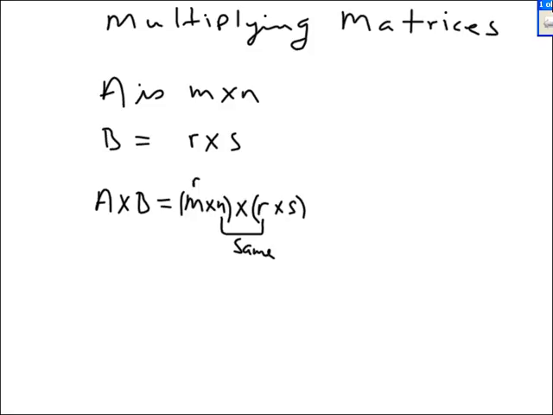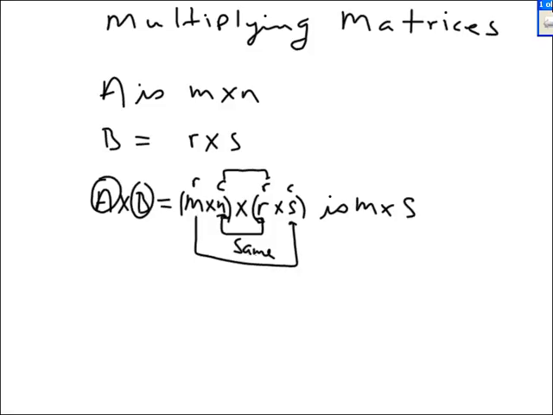Remember, rows, columns, rows, columns. The columns in the first matrix must be the same as the rows of the second matrix. And this result will be m by s.